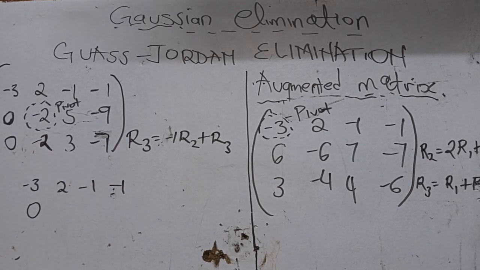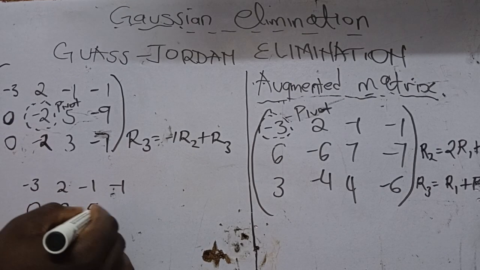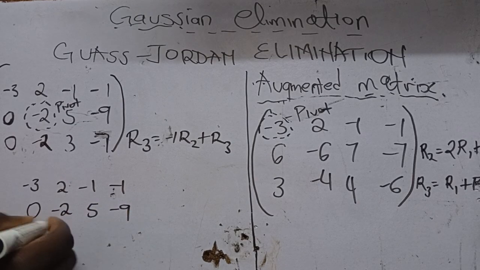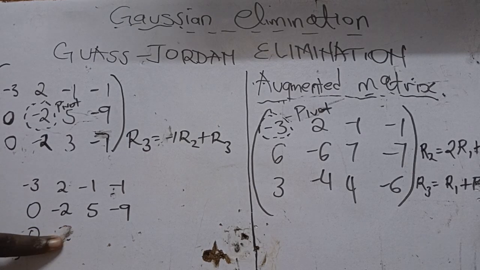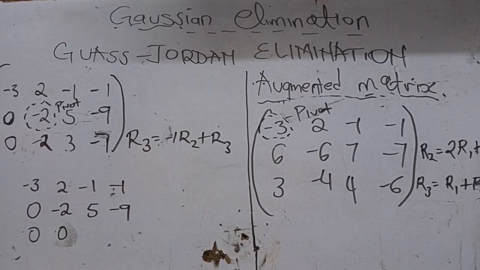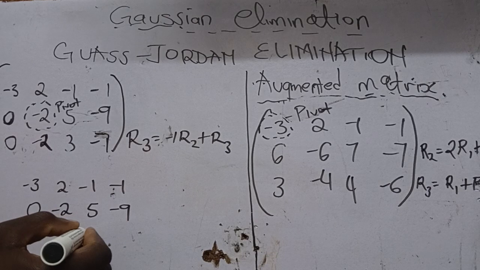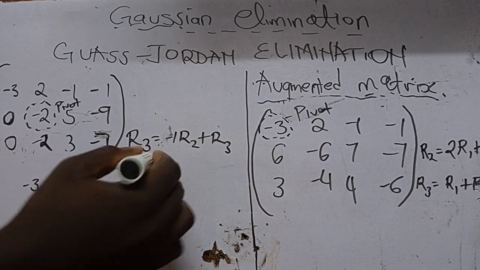So here we still remain negative 2, 5, negative 9. Here all these will remain 0. That is R3: 0, 0, negative 2, 2.